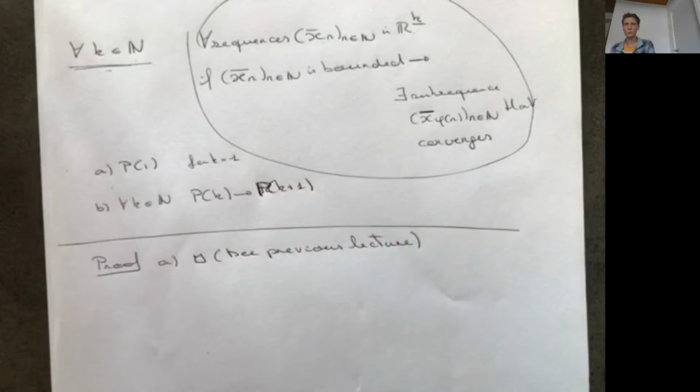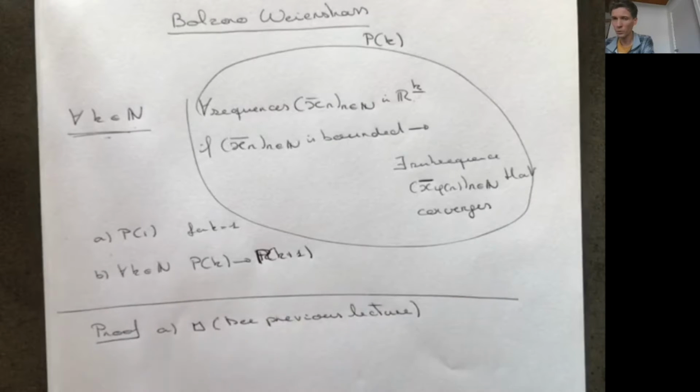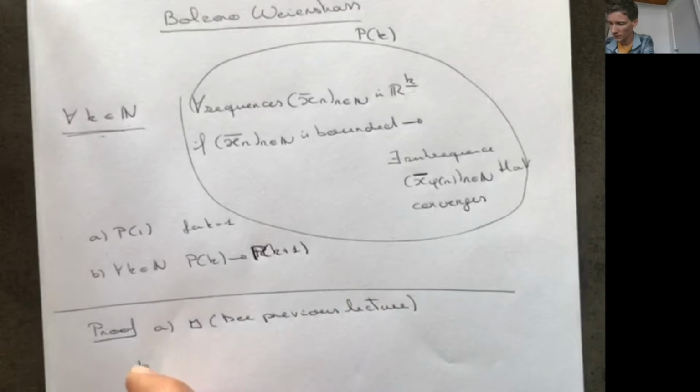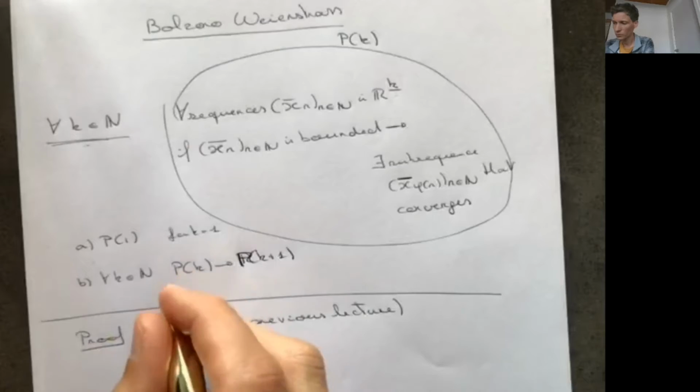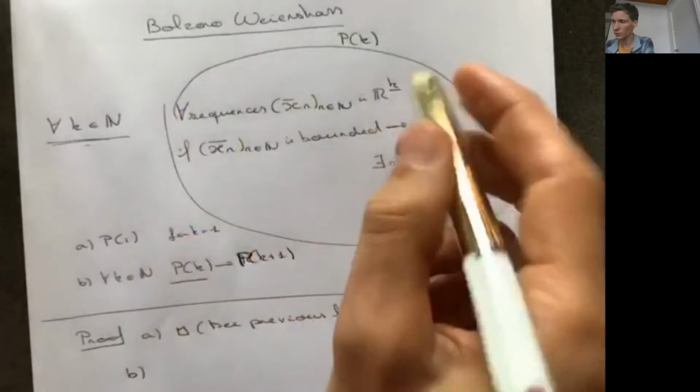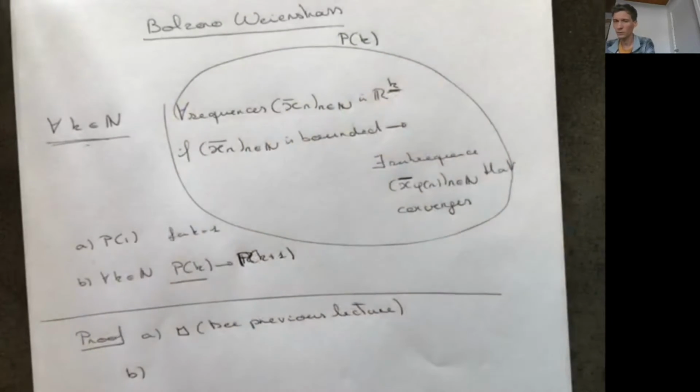Remember the proof with the tops, the infinite tops and the finitely many tops. So this was the proof for k equal to 1. We already did the heavy lifting for this case. So now let's look at B. We assume that this theorem holds up to k, and we want to prove it for k plus 1. So what do we need? We need to prove that this holds for every sequence in Rk+1.